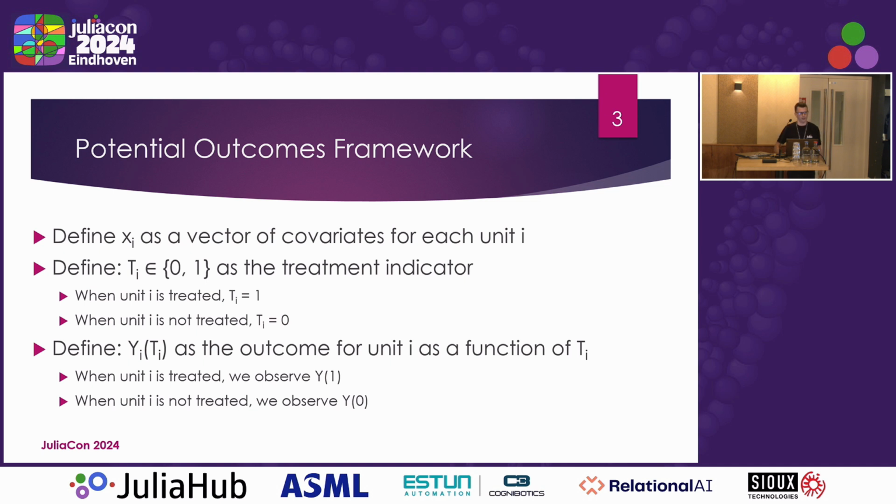So you'd have some covariates X, some treatment statuses we'll call T, and some outcomes Y. For each unit i, which can be a person or maybe a town or a village, as we'll see in one of the examples later, we'll define xi as a vector of covariates for each unit i, and Ti will take a 0 or 1 as a treatment indicator, just to keep things simple, but actually it can be categorical or even continuous, and some of the estimators here in CausalELM actually do allow you to use categorical or continuous treatments.